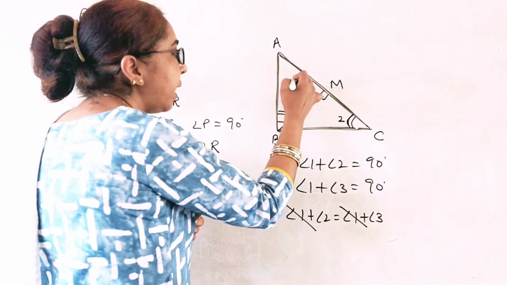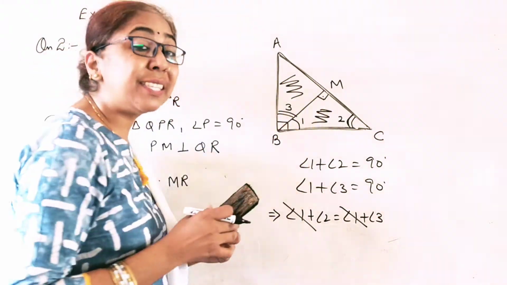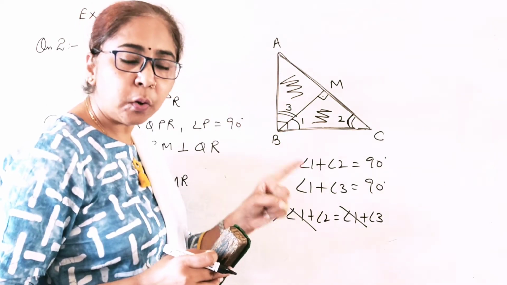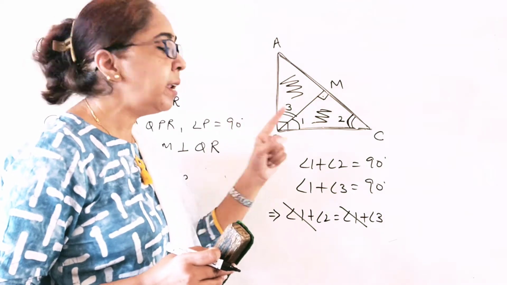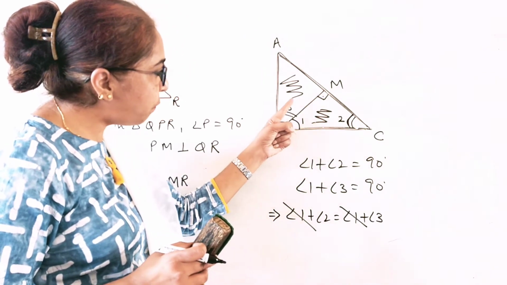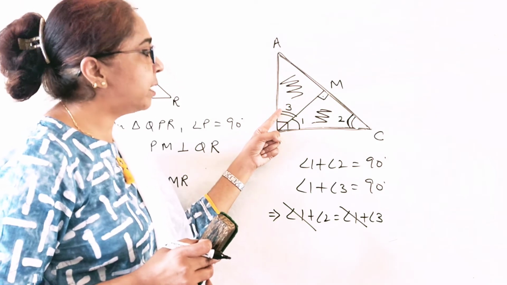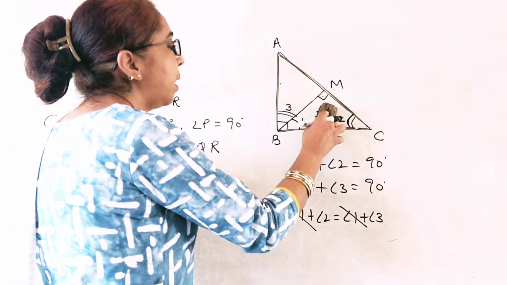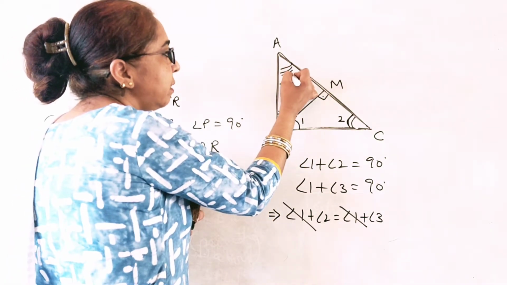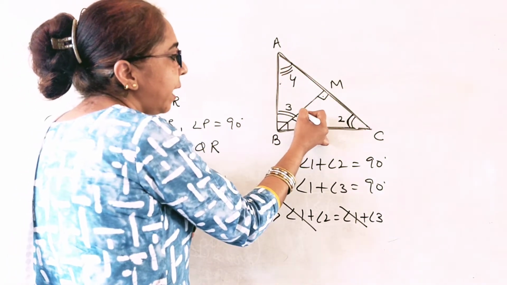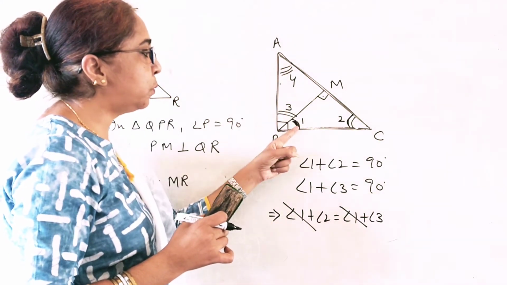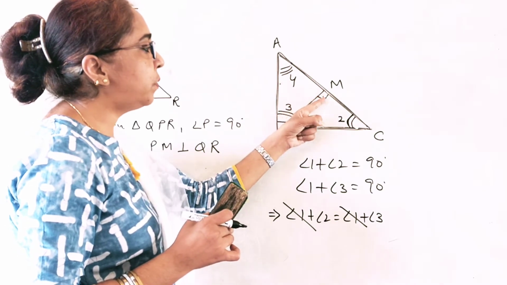So when you have to make these smaller triangles similar, always put it in your mind that if this angle 2 is equal to the farther angle, that means angle 3. Similarly, this angle 4 is equal to angle 1. So this angle is equal to 3, this angle 4 is equal to 1, and both of these are 90.